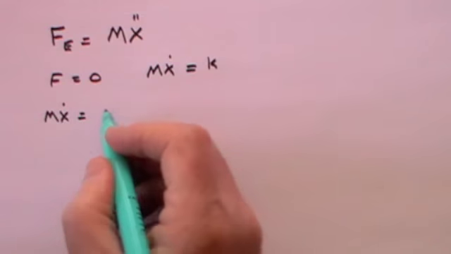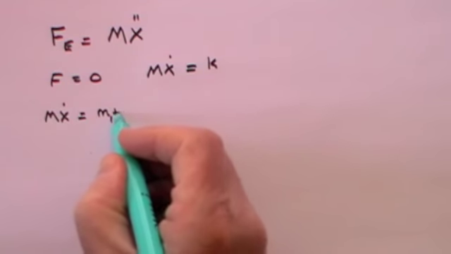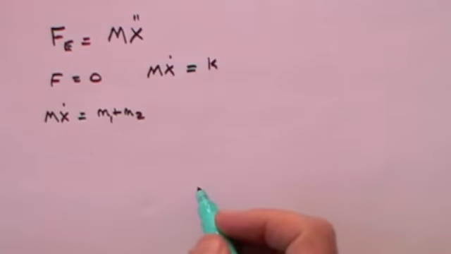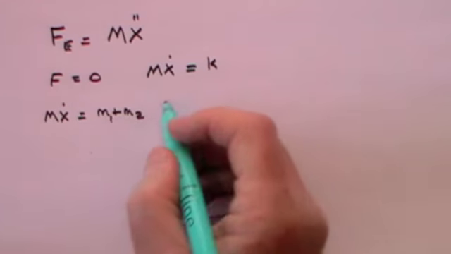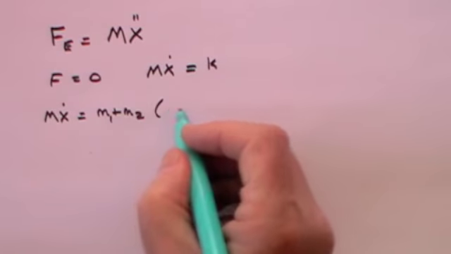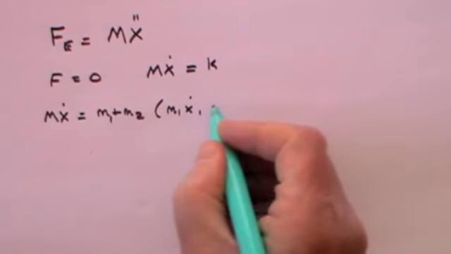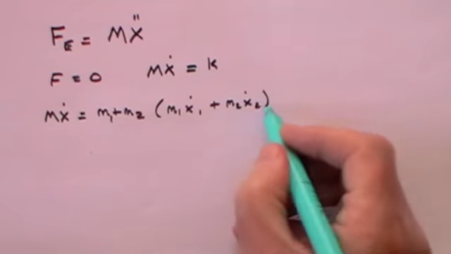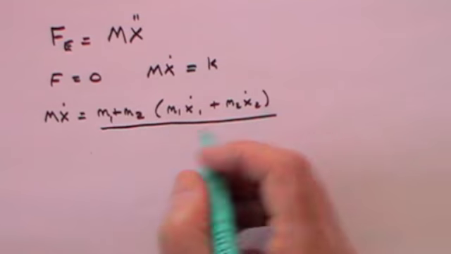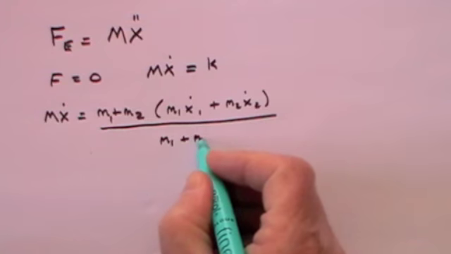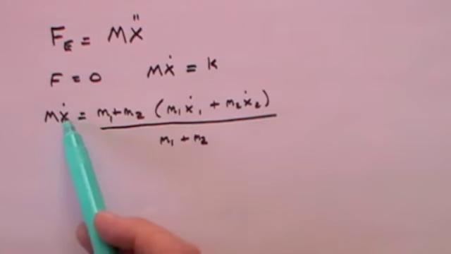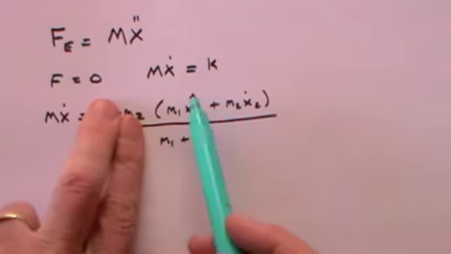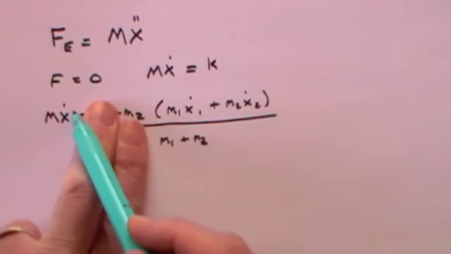Well, that's going to be the mass, which if we just think of our two masses as we had before, m1 plus m2, times x dot, which will be m1 x1 dot plus m2 x2 dot, divided by m1 plus m2. If we take out that term there, this is just x dot.